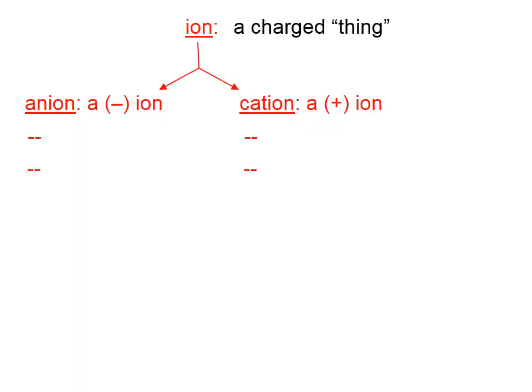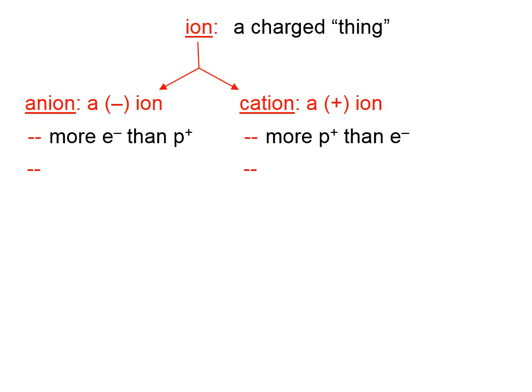Something that has a non-zero net charge is called an ion. There are two types of ions, anions and cations. Anions are negatively charged ions, and they're negatively charged because they have more electrons than they do protons. Cations are positively charged because they have more protons than they do electrons.